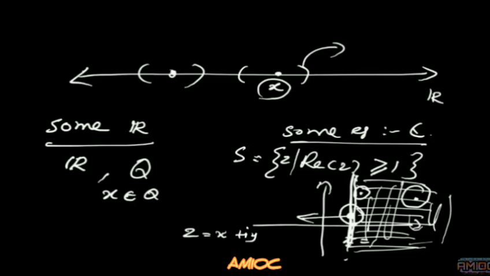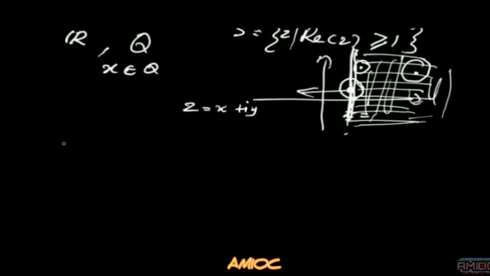So there are some sets in which all the points may be interior points, and in some sets, some points may not be interior points. If in the considered set every point is an interior point, then the set S is said to be an open set.